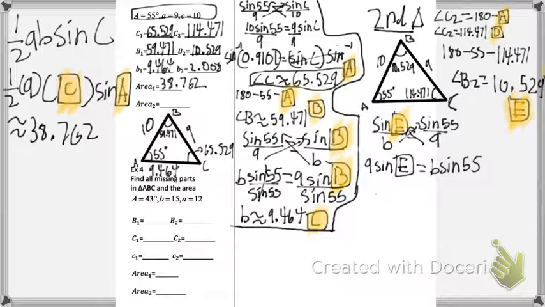Then I divided sine 55 from both sides. And I got B approximately equals 2.008.